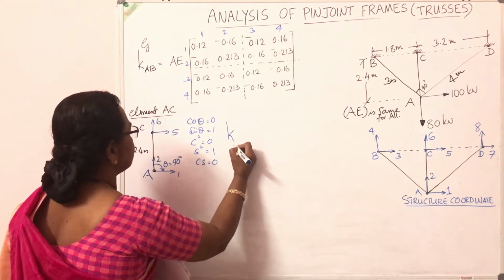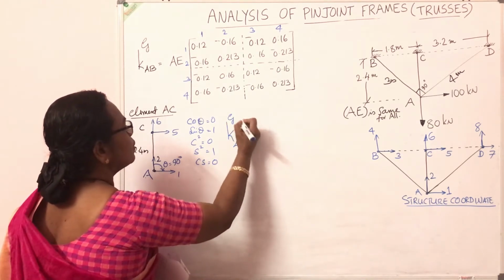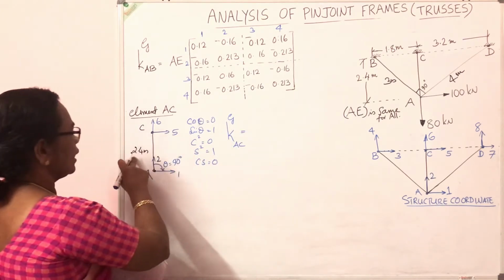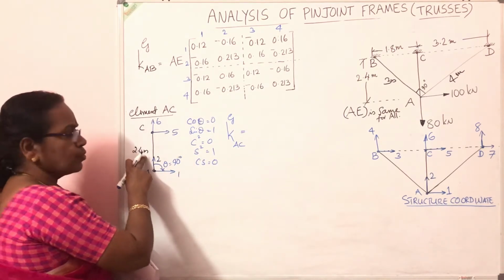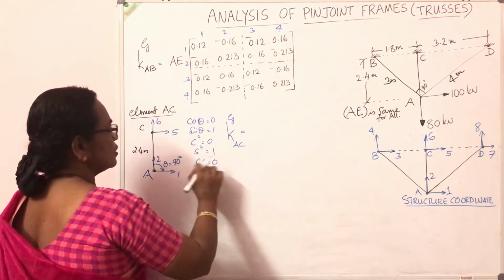Stiffness matrix for element AC in global coordinate direction is equal to AE by L. AE by 2.4 into C square, CS, CS, S square.